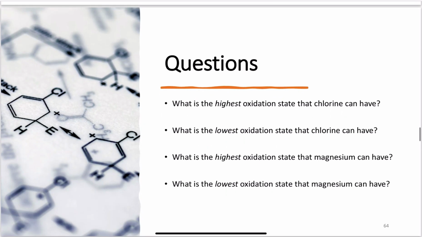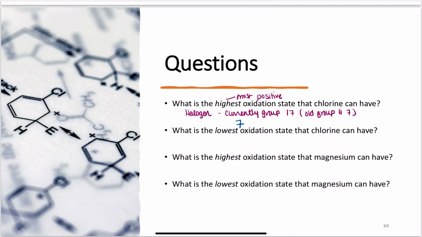So what is the highest oxidation state that chlorine can have? Chlorine is a halogen. Currently group 17, which is old group number 7, means that the highest it can have, the most positive, is an oxidation number of 7.